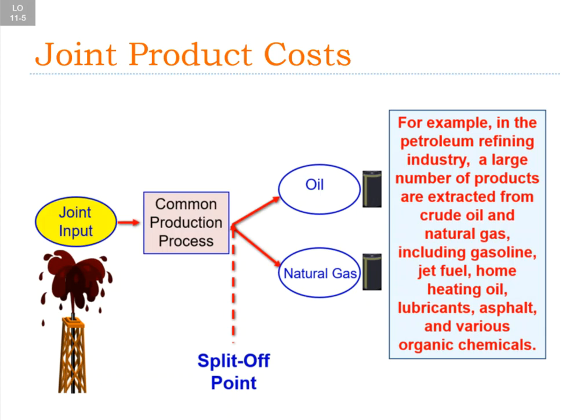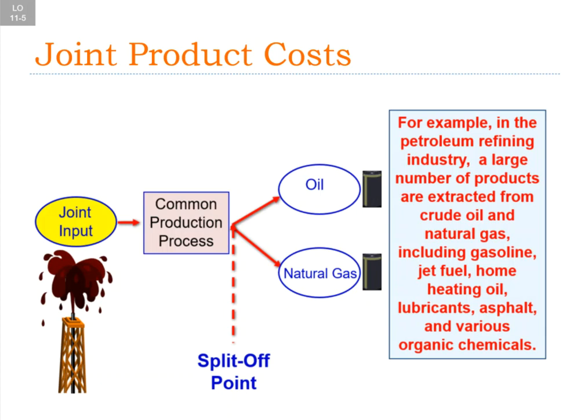Where these two products come out of the ground is referred to as the split-off point, and all of the costs incurred prior to that split-off point are common costs and joint product costs that need to be allocated to these products. And we can consider allocating these costs based on physical quantity measures or the net realizable value or relative market value of these two products when they're extracted from the ground.